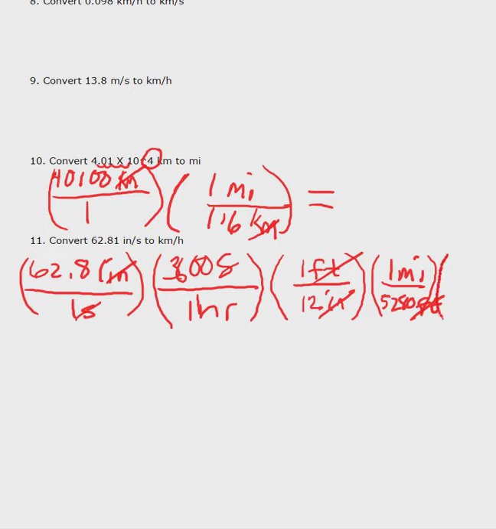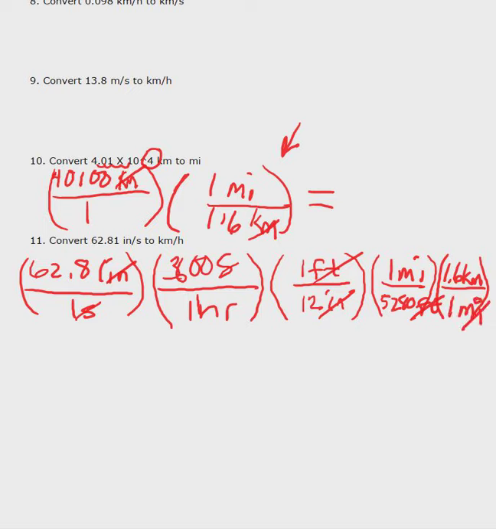And then we can do our last conversion, which is what we've done before. 1 mile on top, and I'm sorry, we want the kilometers on top. We want the miles on the bottom. So we're going to have to flip this one. So it's going to be 1.6 kilometers over 1 mile.